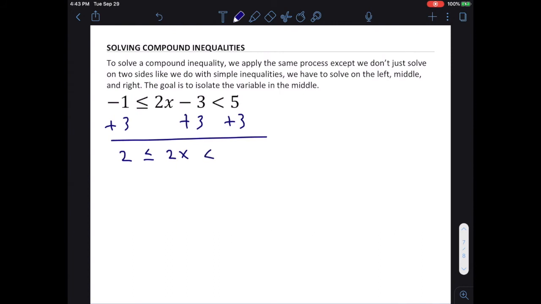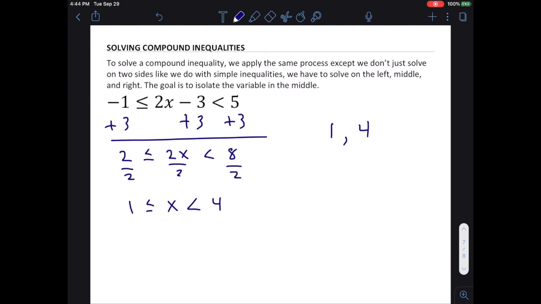And then on the right, we're going to have 8. Okay, and then we can divide by 2 all across. So we have 1 is less than or equal to x, which is less than 4. All right, so that's not so bad. It's just remembering that whatever you do in the middle, you want to do on the left-hand side and the right-hand side. Okay, so our interval is going to go from 1 to 4.